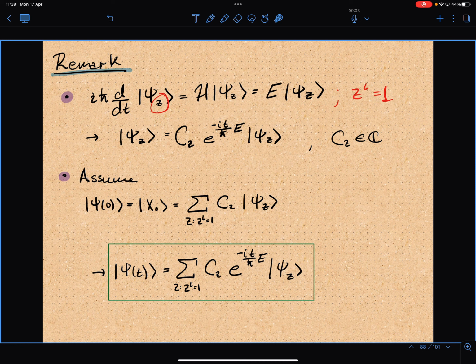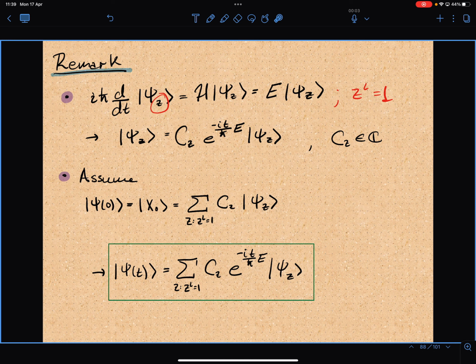And in this case, if you started in a multiple of this eigenvector, the solution is just going to be e to the it over h bar times E times this. Since you're just working on a one-dimensional eigenvector subspace, it becomes as if you're solving a one-dimensional matrix equation, which is just taking the exponential. In that case, you can take the exponential just by taking the normal exponential, because it's just a constant. So you don't have to worry about it.